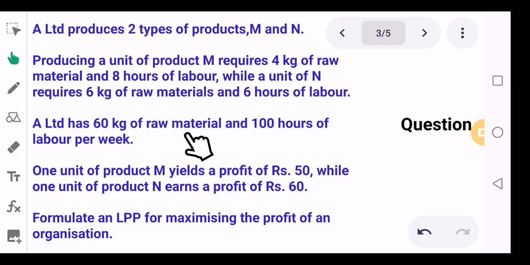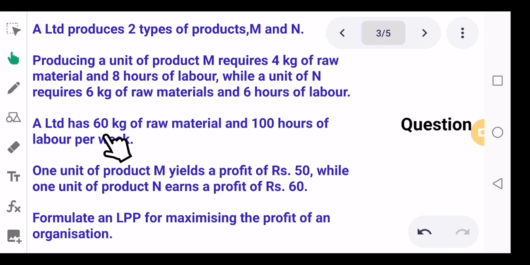Whatever the reason may be, what is known to us through the question is that in a week, a maximum of 60 kg of raw material is what A Limited can arrange. Beyond 60 kg, it cannot arrange. So this 60 kg becomes a limitation.